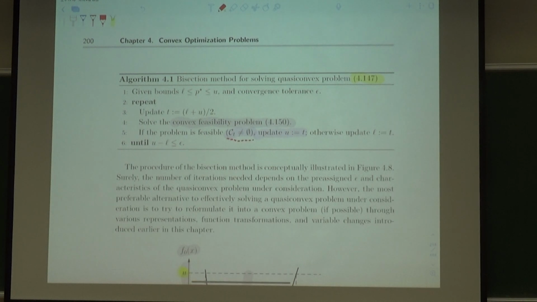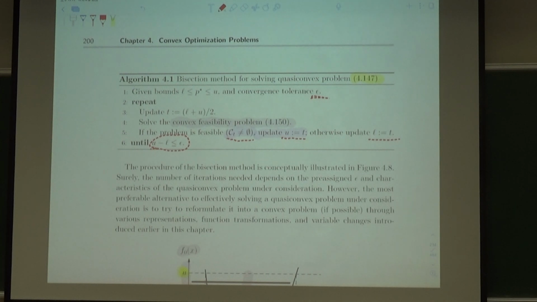If feasible, lower the upper bound; otherwise, move the lower bound up to t, until U minus L is within epsilon. That means after convergence, you can claim the solution is within this accuracy.